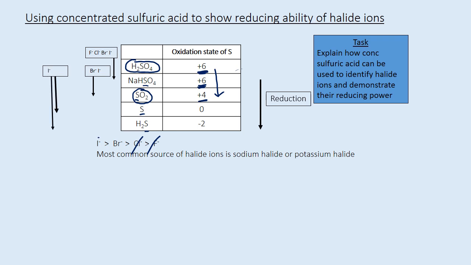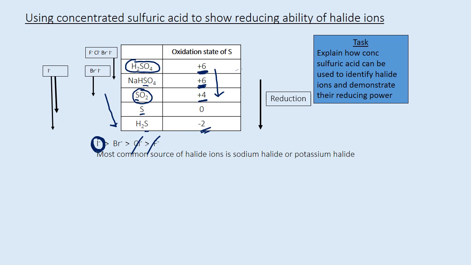Iodide kind of shows off because it's the daddy of the halides when it comes to reducing. Not only can it reduce it further to sulfur, the iodide can actually reduce it all the way to H2S, which is -2. So iodide can reduce sulfuric acid all the way down to H2S. Fluoride and chloride can't reduce it at all.